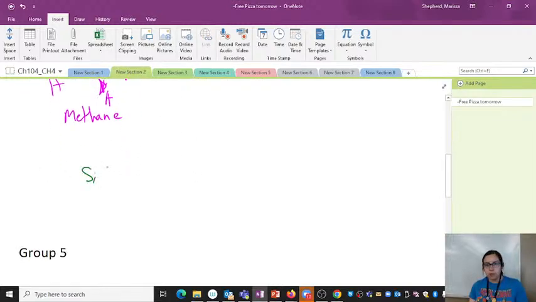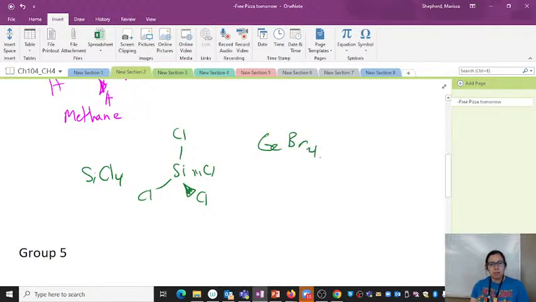For example, silicon tetrachloride would look similar in structure. You could do silicon tetrafluoride, tetrabromide, and then germanium, same thing. So germanium tetrabromide, etc. So that's the classic example there.